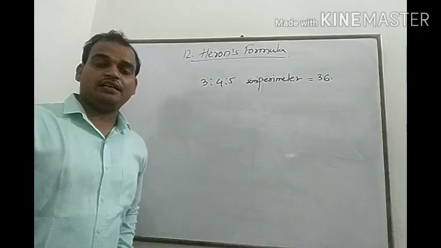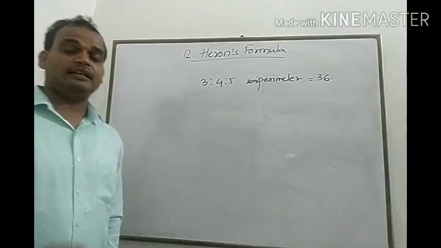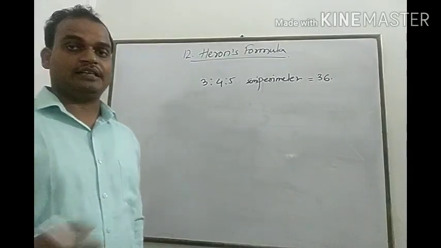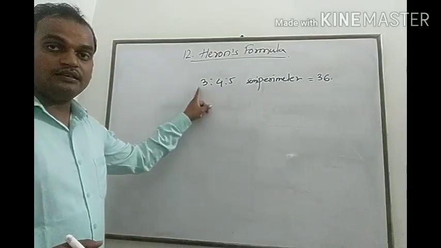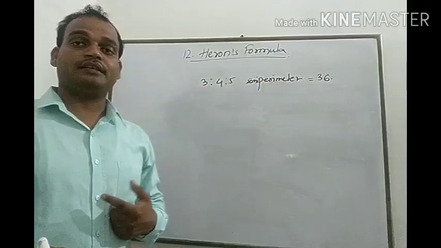Then find the sides of the triangle and hence find the area of the triangle. Now we have to find first the sides of the triangle and then after that the area of the triangle.